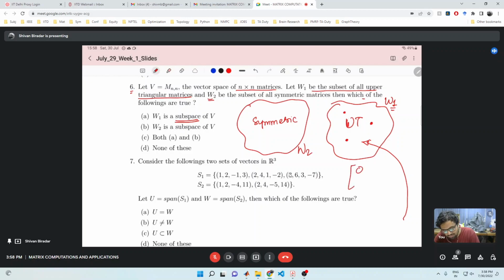The 0 matrix is obviously a type of upper triangular matrix. So W1 is a subspace of V. If you check all three properties, closure under addition, closure under multiplication, and the 0 element being in this subset, then this will be called a subspace. And W2 is a subspace of the vector space. So this will be the answer.